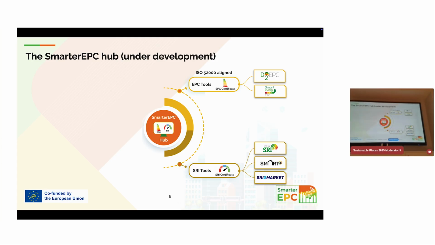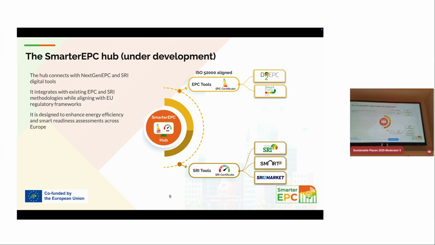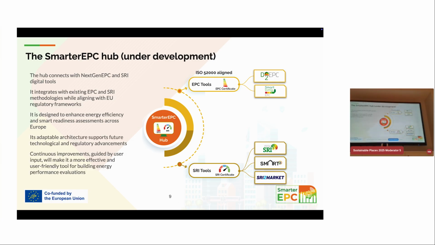Okay, so they are aligned with the 52,000 standard, and this creates some aspects that we have to take into account, but I will talk about that later. Okay, so this is just a description of what we are doing.